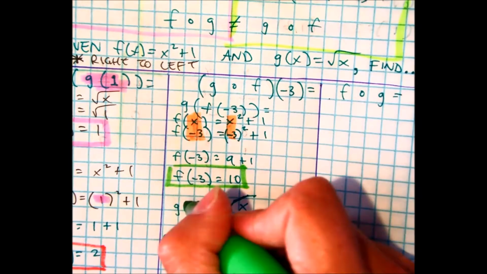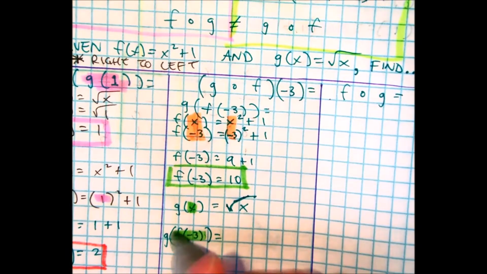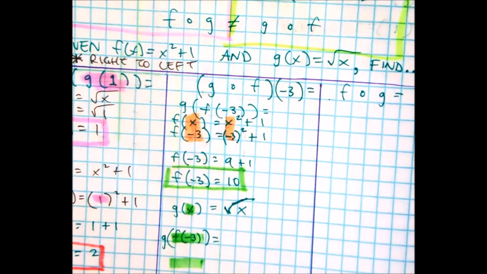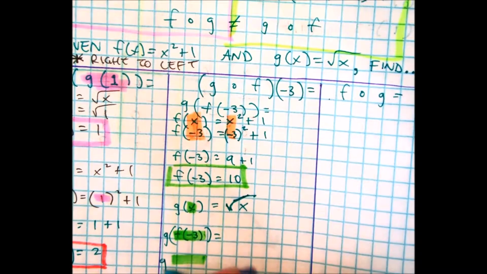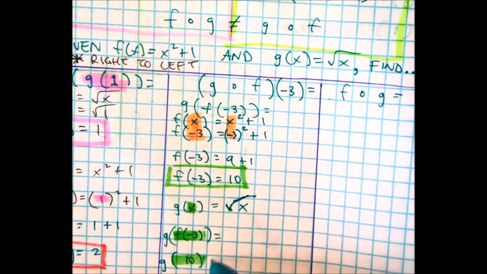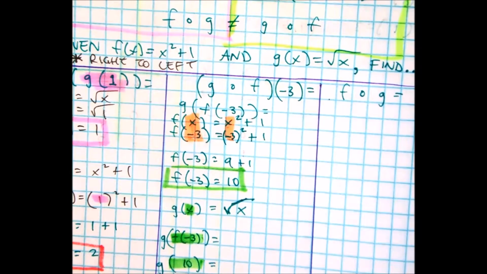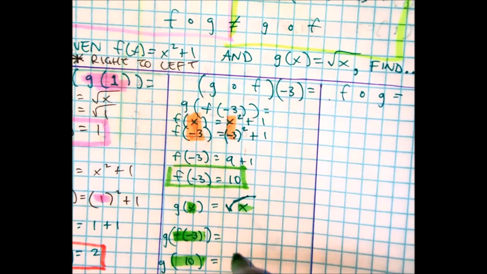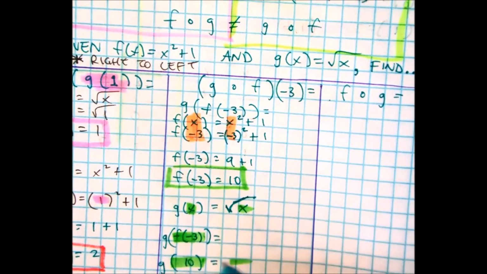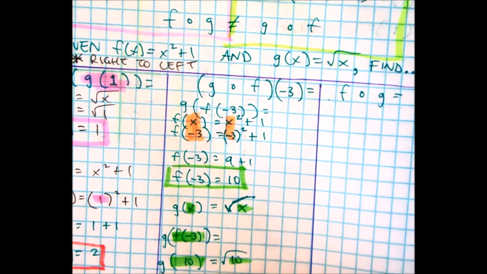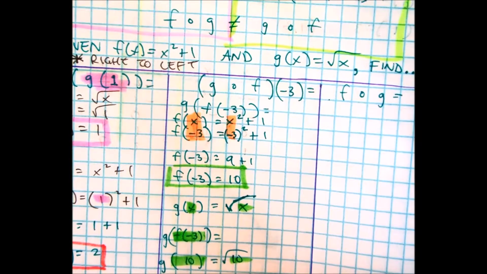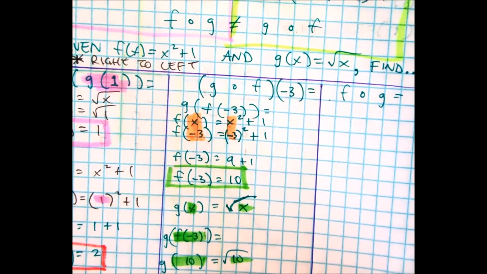Every x value now, we're going to use f of -3. And f of -3 is equal to what? 10. So g of 10, and we're going to put that into every x value, is now the square root of 10. So my final answer is g of f of negative 3 equals the square root of 10.